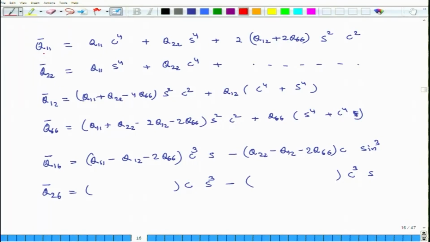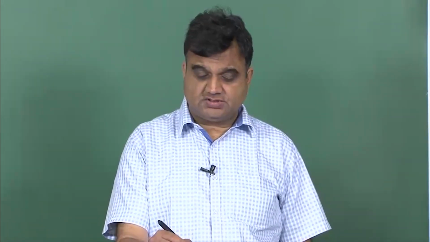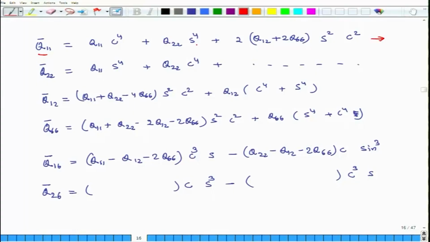What we see here is that Q11 is an even function of theta. What is an even function? If I make theta negative theta, cosine of negative theta and cosine of theta are the same. Sine of positive theta is equal to negative sine of theta, but this is sine to the power of 4 and sine to the power of 2.